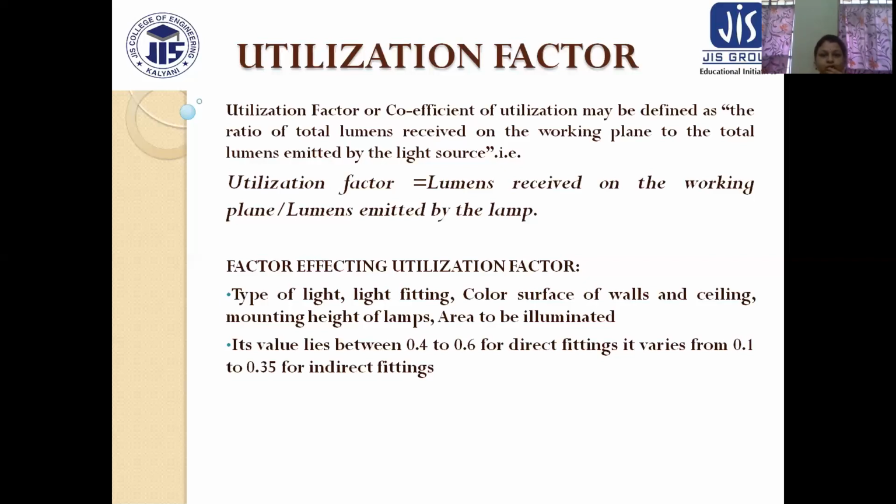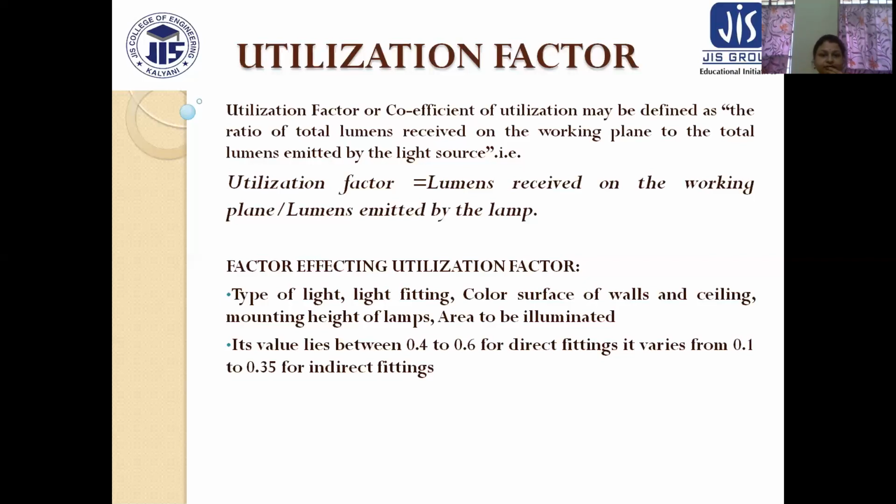Lumens is the unit of luminous flux. So it is the luminous flux received on the working plane from any lighting source, divided by the lumens emitted by the lamp.